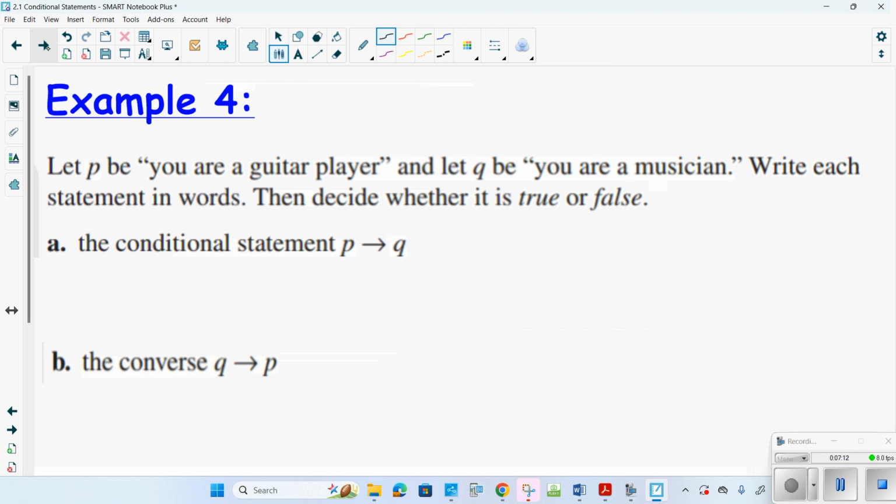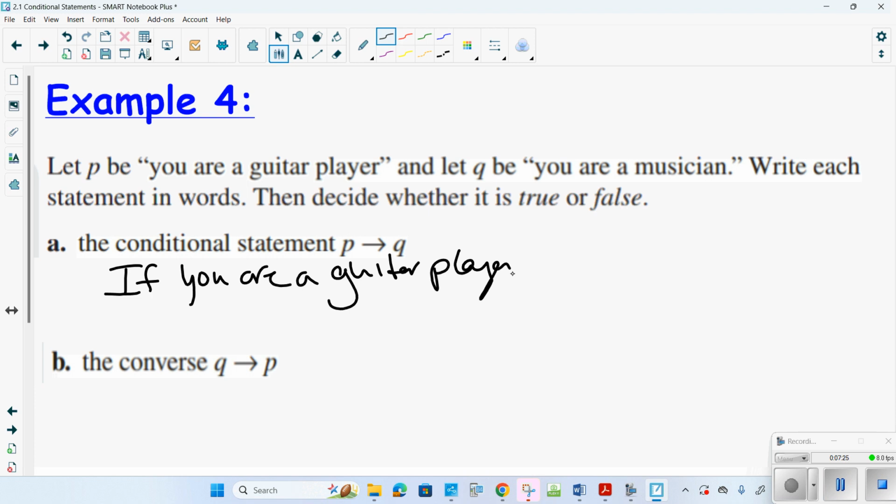Now we're going to get into a bunch of writing here. So the conditional statement: if you are a guitar player, then you are a musician. That's true.